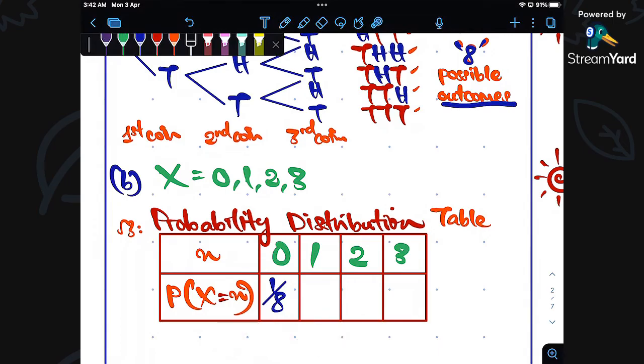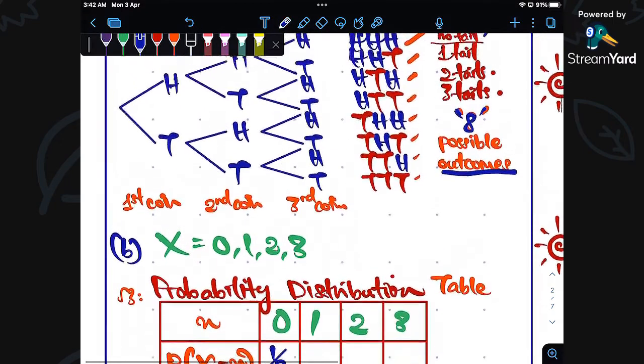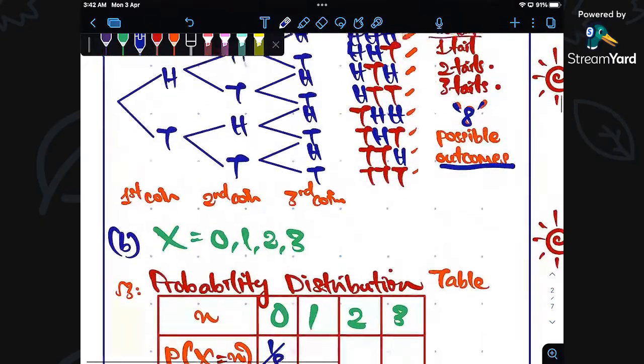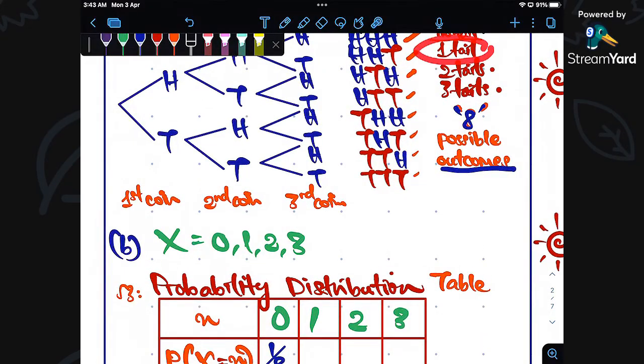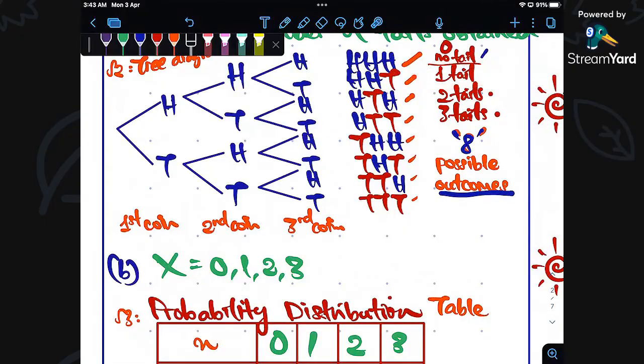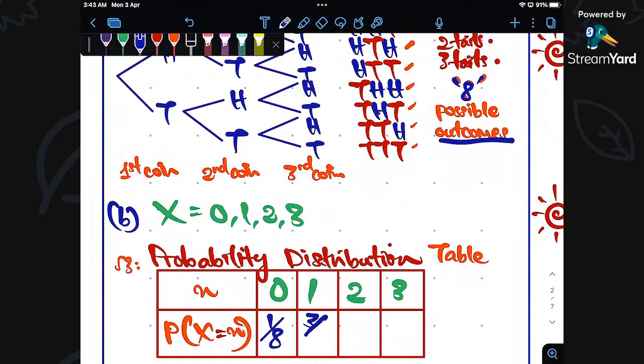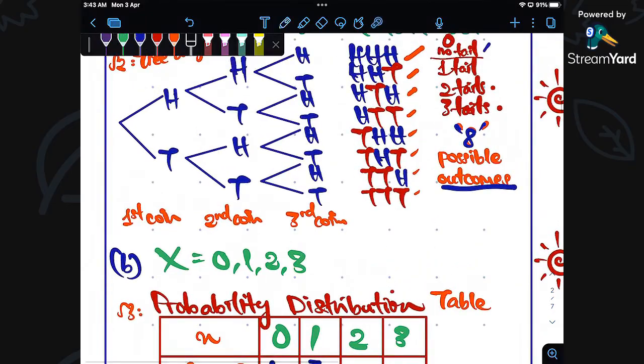And then you count for the next one, what is the probability of getting one tail? So how many outcomes do we have? There is one, two, three. There are three outcomes out of eight possible outcomes. Therefore, the answer is three out of eight chances of getting one tail.